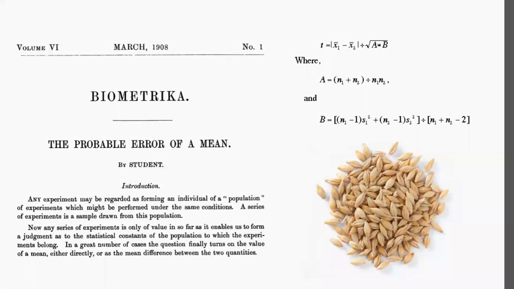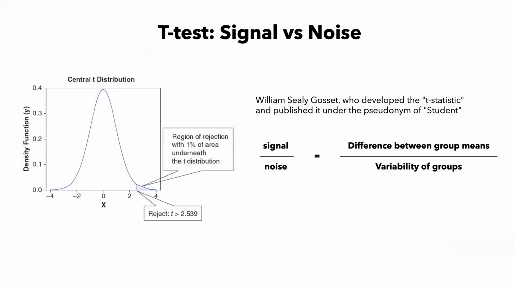The t-test basically says that if you collect your samples in a random way, there's going to be this t-distribution that represents what happens by chance. So if it's random sampling, this represents the distribution of values that are completely random.